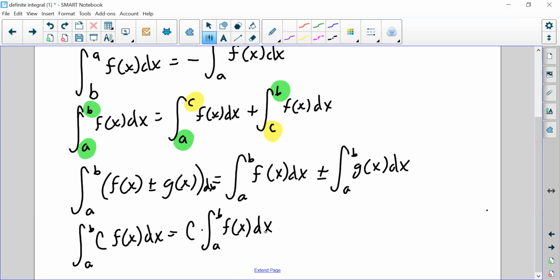I can break it up like that. So those were the properties that were introduced, which you need to know and know how to work with. You have to memorize these, and use them when working with any type of definite integral.